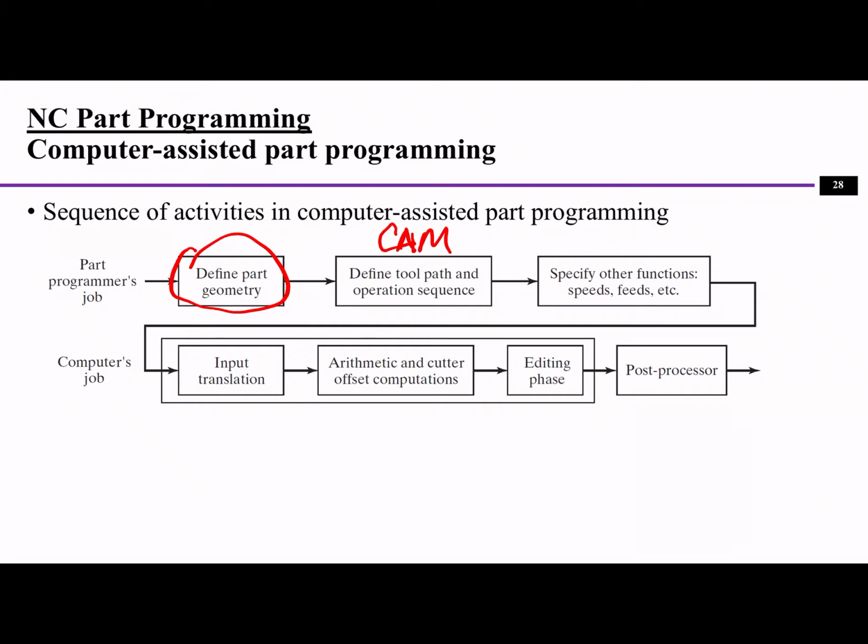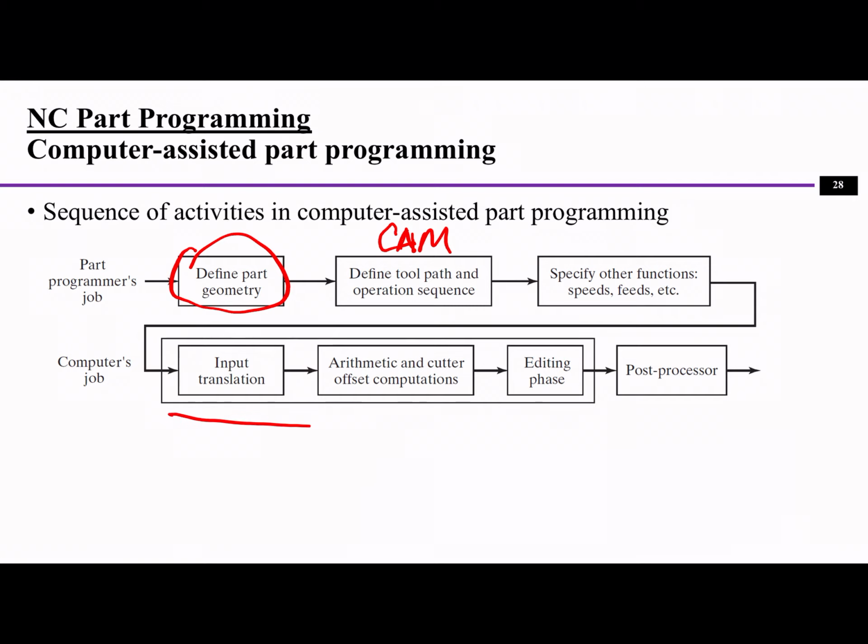Basically, to define in the software how the machine tool should move, to generate those tool paths and also the operation sequences. Then once you have that simulation or model, the computer will automatically generate all these instructions, which is the code.